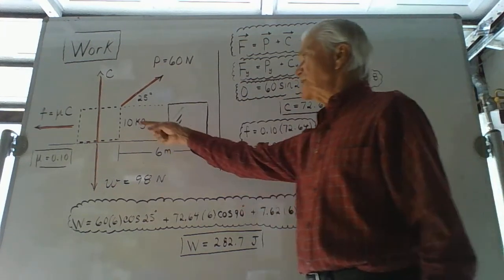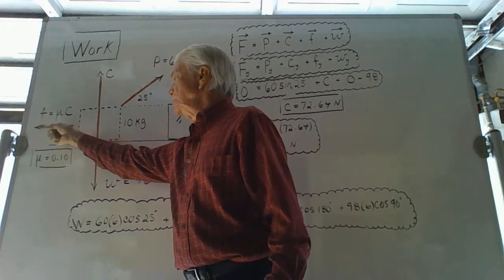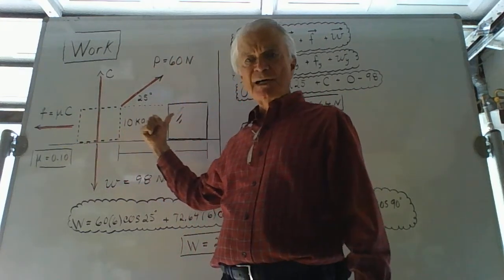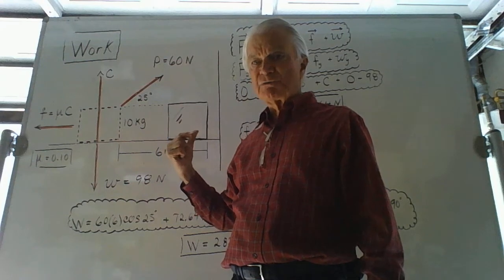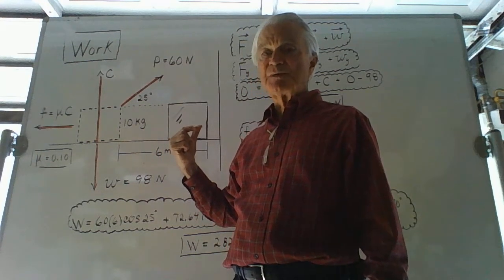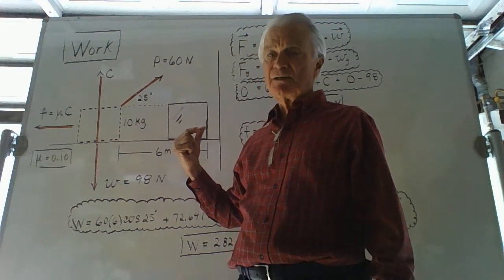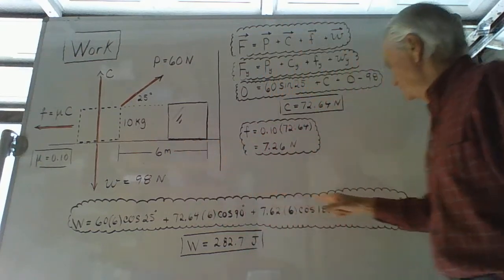You see that vector points to the left. The direction of motion is to the right, so the angle between the force direction and the displacement direction is 180 degrees.